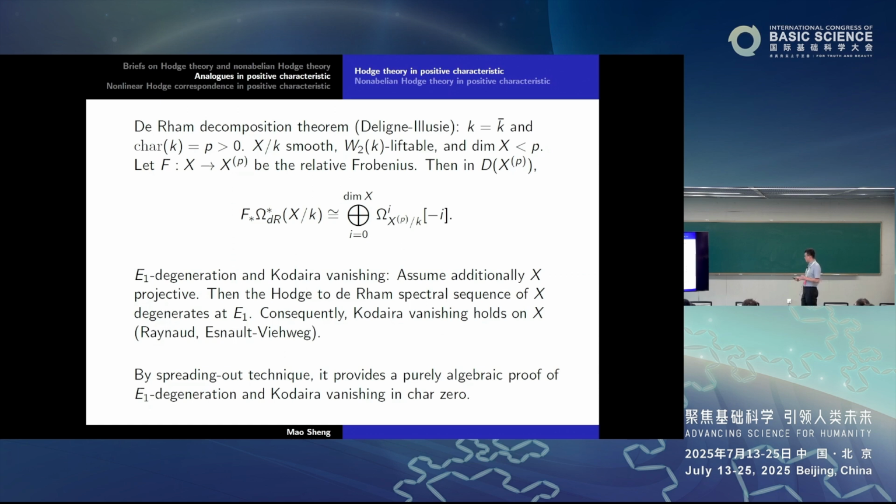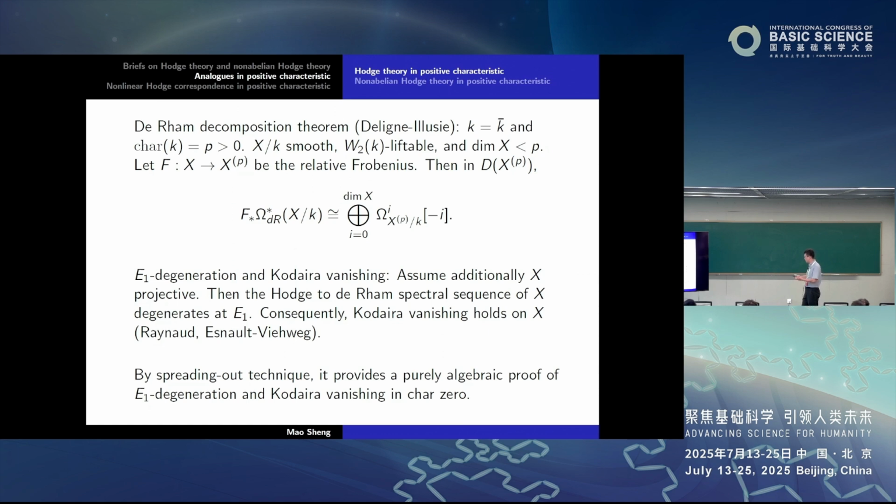And also you have the assumption that the dimension is small. In characteristic p you always have the geometric Frobenius, the relative Frobenius, a morphism over K. The statement is that if you push forward the de Rham complex via Frobenius, then you get a complex which is O_{X'}-linear. And actually it decomposes.